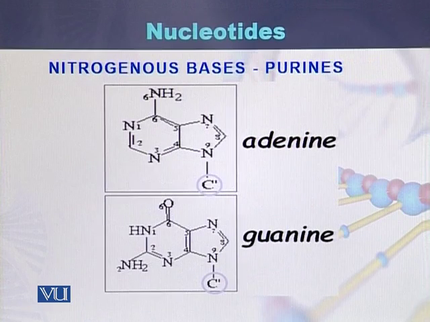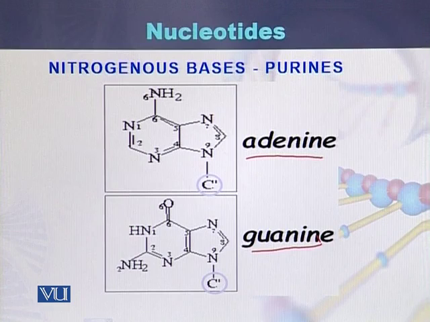On the other hand, there are 2 additional types of nitrogenous bases called purines. Purines are adenine as well as guanine. Adenine and guanine both are 2 ring structures. We can see in the diagrams that adenine is a 2 ring structure, while guanine is also a 2 ring structure.